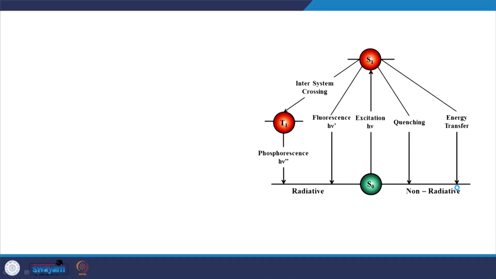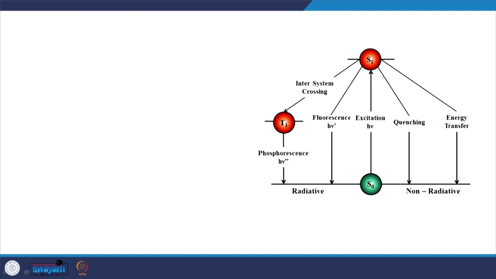If you see here, S0 goes to S1 by being excited. Now, in several ways it comes back through quenching and energy transfer, and these are called non-radiative transfer. If it comes from S1 to S0, then this is called fluorescence.